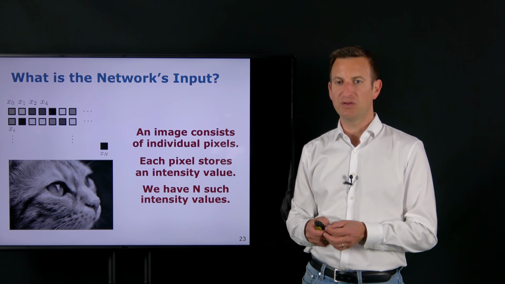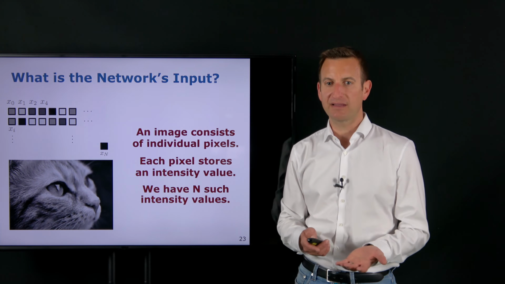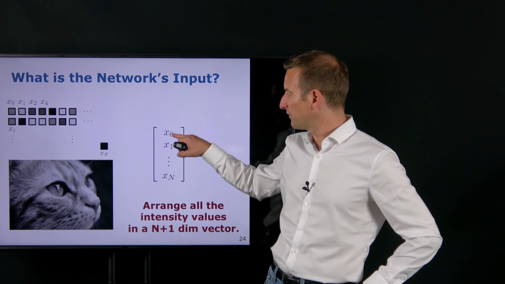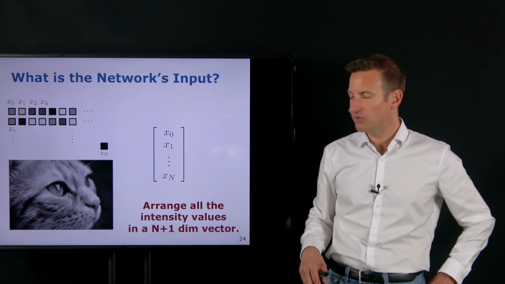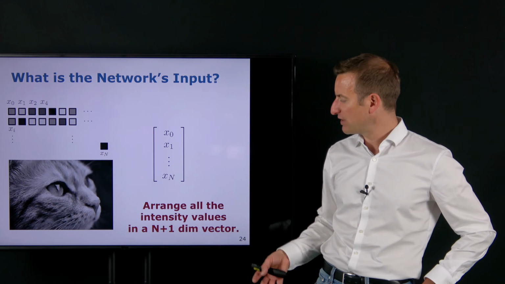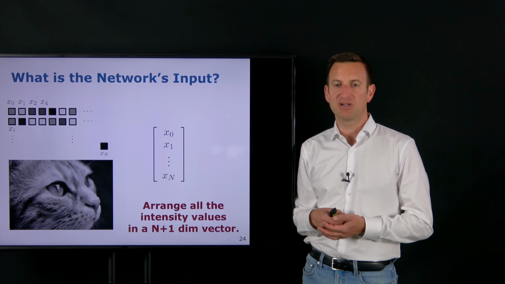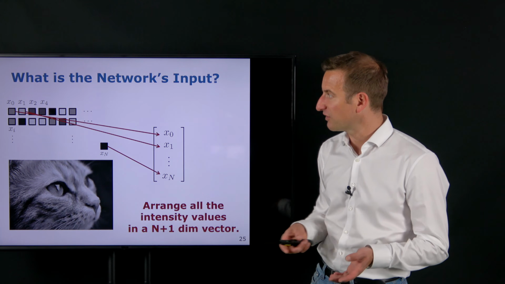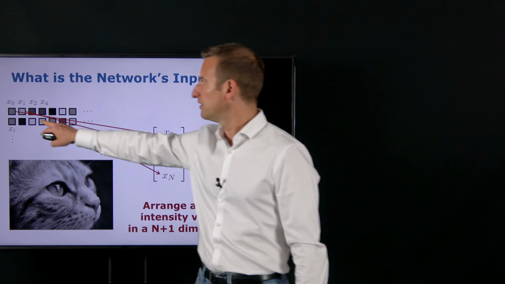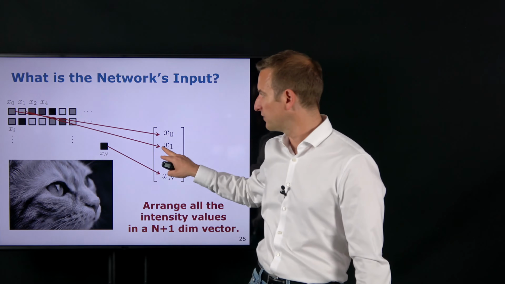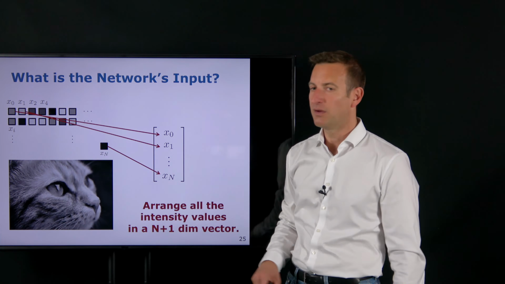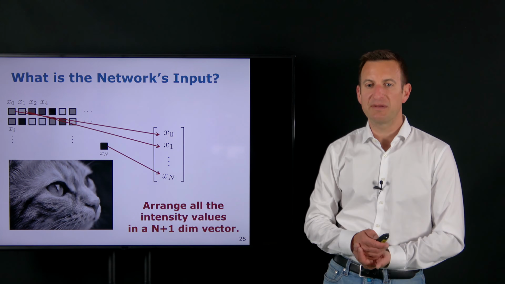And what we can do is arrange them in a vector from x0 to xn. So we have n plus 1 intensity measurements, and we arrange them into an n plus 1 dimensional vector. This means nothing else than taking this intensity value, copying it to the first dimension, this intensity value to the second dimension, and so on and so forth until the last value, the dark pixel, is put here into the last dimension of this vector.